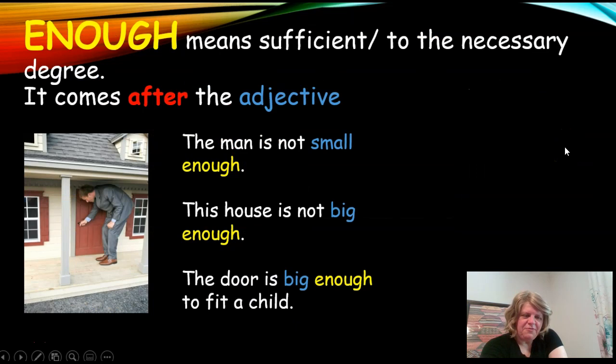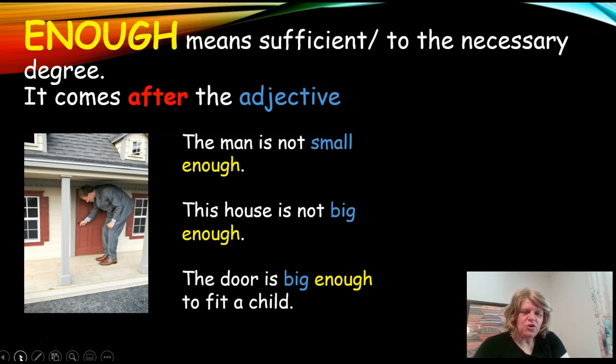Now let's look at enough. Enough means sufficient or to the necessary degree. Now, the difference between too and enough is that too comes in front of the adjective, but enough comes after the adjective. I have used the same pictures to show you that we can actually say the same thing in a slightly different way, using both too and enough to convey the same meaning.